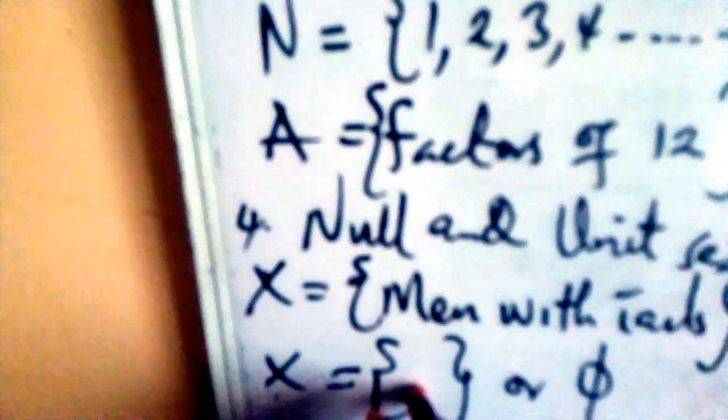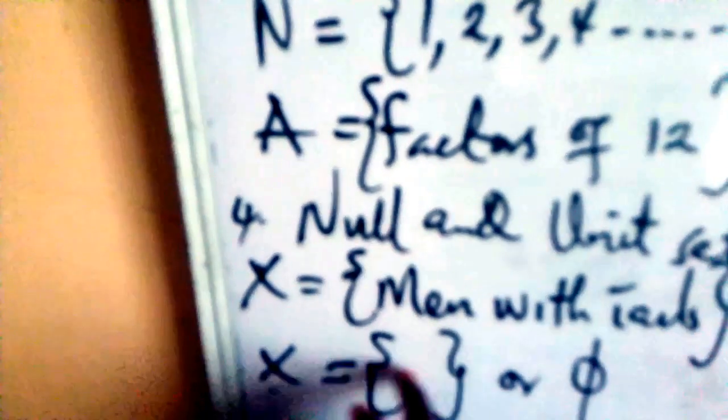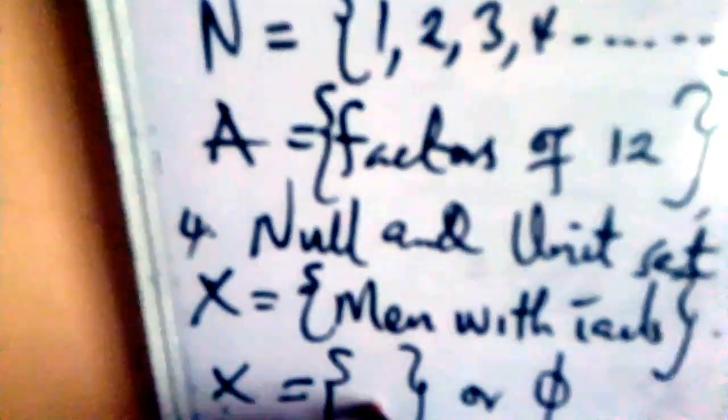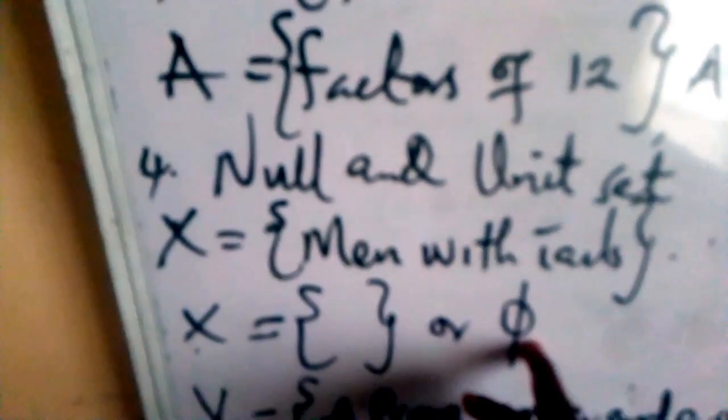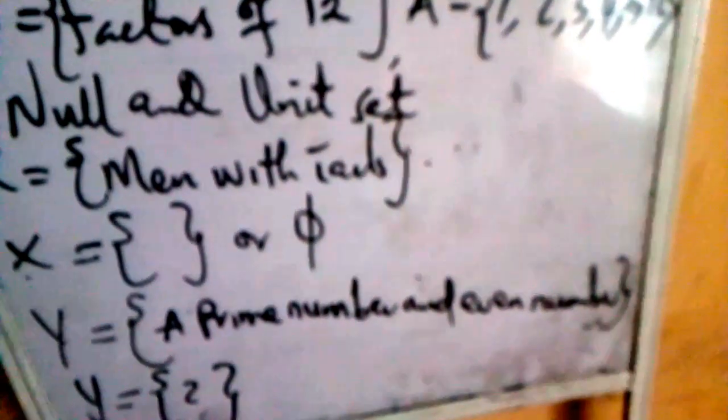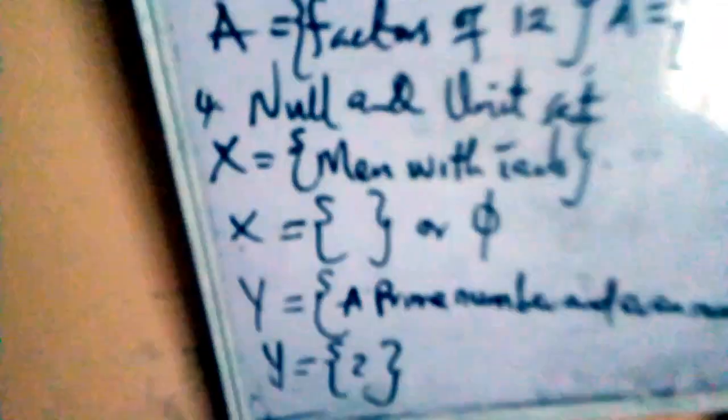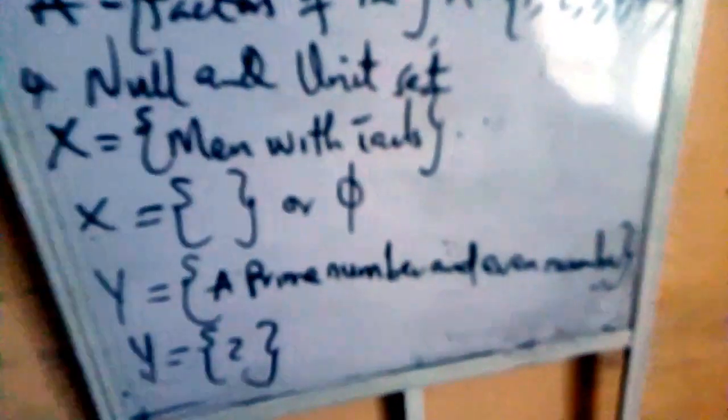You cannot put this symbol into curly brackets. If you put it in, you are saying that this is a unit set. So you either denote it by empty curly brackets or by this symbol here. Now Y is a set of a prime number and an even number.